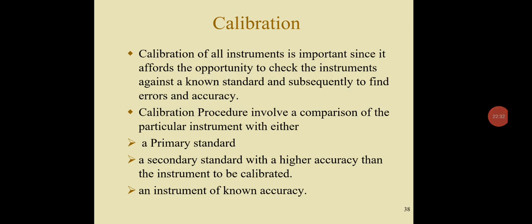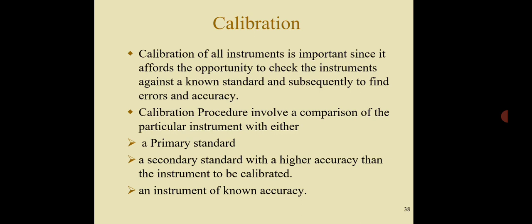Coming to our next one, something about calibration. What do you actually mean by calibration? Calibration of an instrument is important since it affords the opportunity to check the instrument against a known standard, and subsequently to find the errors and accuracy.